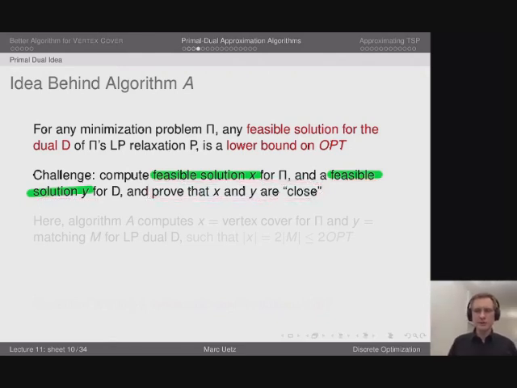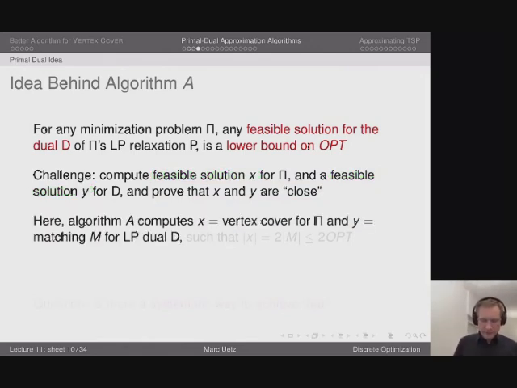And for vertex cover and matching, that was this factor of 2. Okay, so here for vertex cover, we compute a vertex cover X, that was the primal feasible solution, and we compute a feasible solution for the dual Y, such that they are exactly a factor 2 away from each other. And then by duality theory, we immediately get the corresponding performance guarantee of 2.